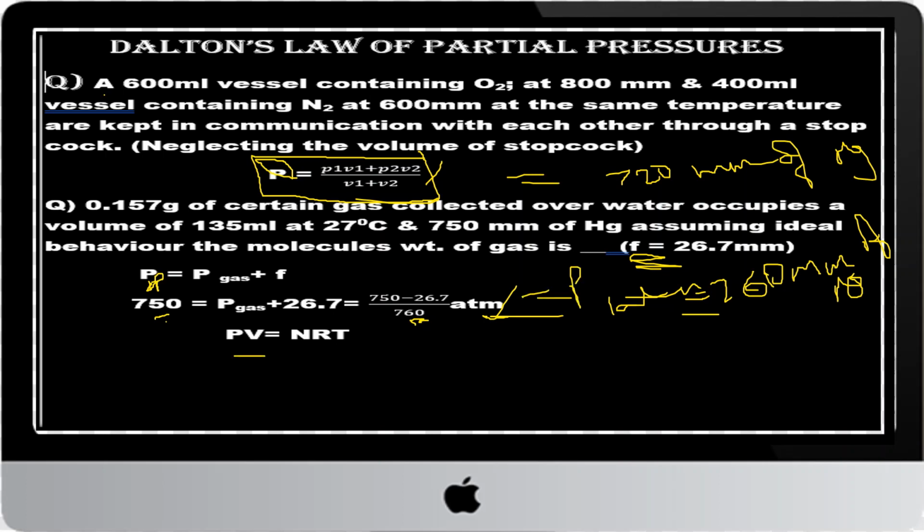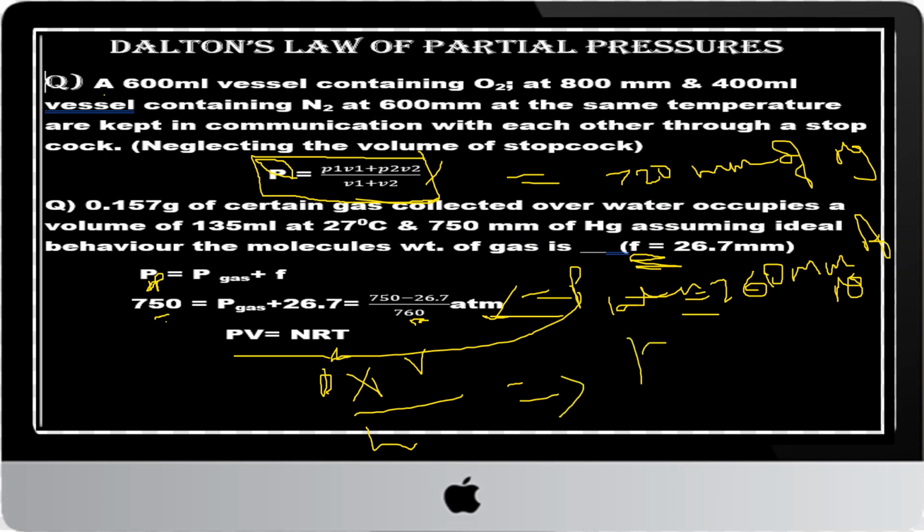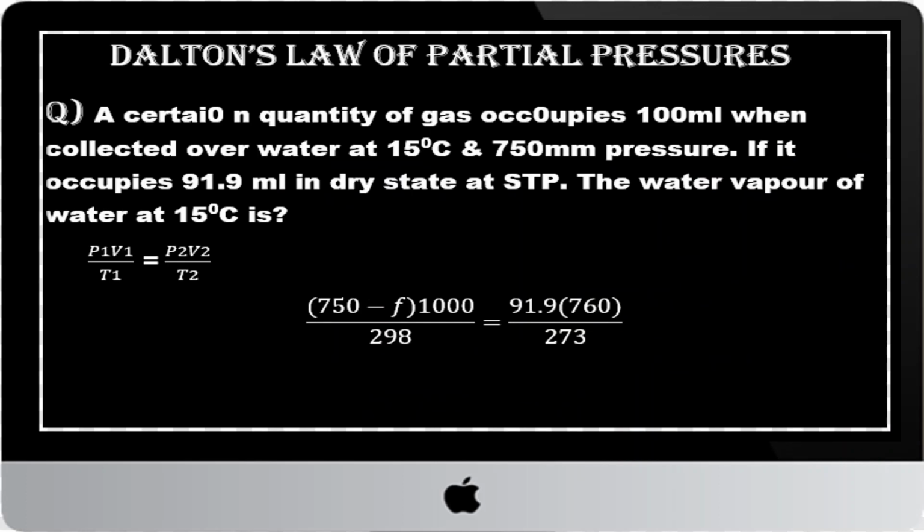Substitute it into PV equals nRT. Put this pressure here, multiply it with the volume they have given, divide by nRT, and finally you will get the answer as 13.2. Check it once. This is the last question of Dalton's law.